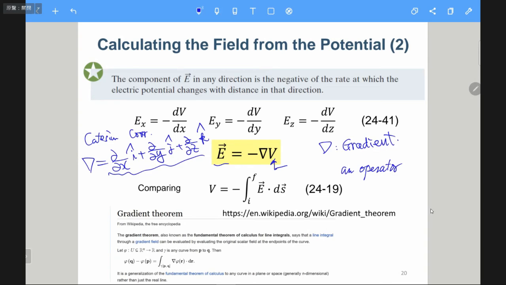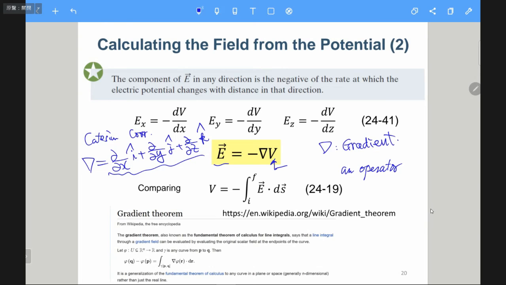So the idea here is that calculating the E field over the whole space might be difficult, because if it is a continuous charge distribution, you need to calculate the vector for every small package, and then you need to add them using the vector sum. It will be more difficult.